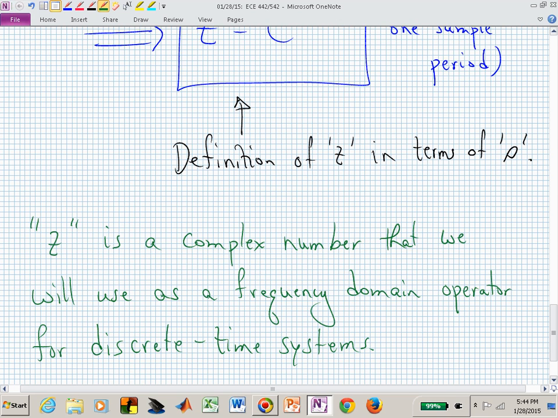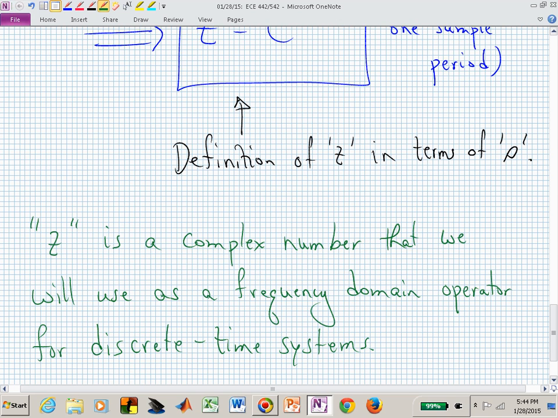S capital X of s was what in the time domain? A derivative of little x of t. If you wanted to integrate in the time domain, that was like multiplication by s to the minus 1 or 1 over s in the frequency domain.